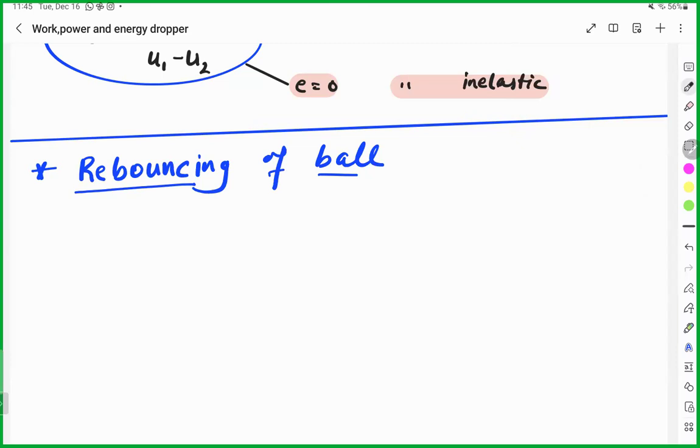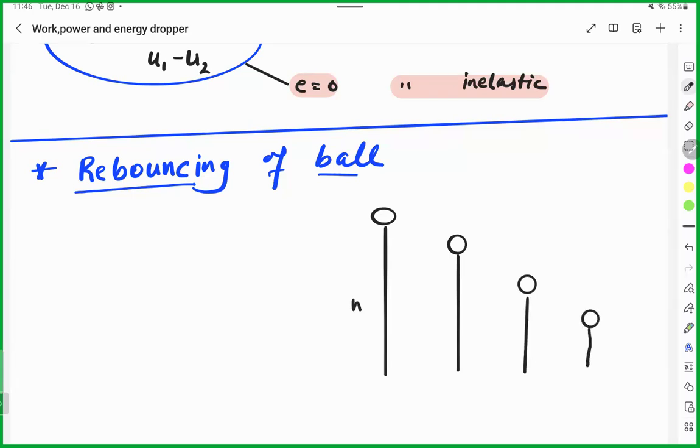For example, the first time the ball falls from height h. The second time, the height will usually be less. The third height is lesser. It keeps on reducing, and after some time the ball will automatically stop. That is what happens in real life. If you drop a ball, it will bounce 2 or 3 times and then stop. Make sense? What we are saying is that every time the height will be different.